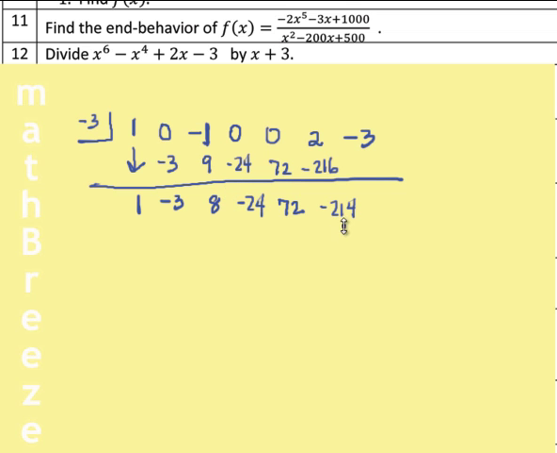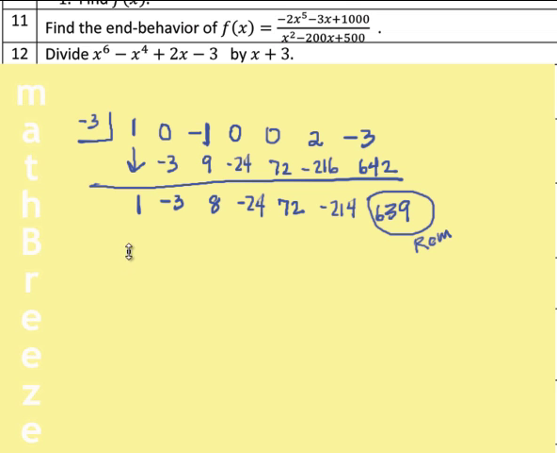And once again multiply, and we get 642. And finally add for the remainder, and we have 639. So that's our remainder. And the quotient, we start with 1 power less than x to the 6th.